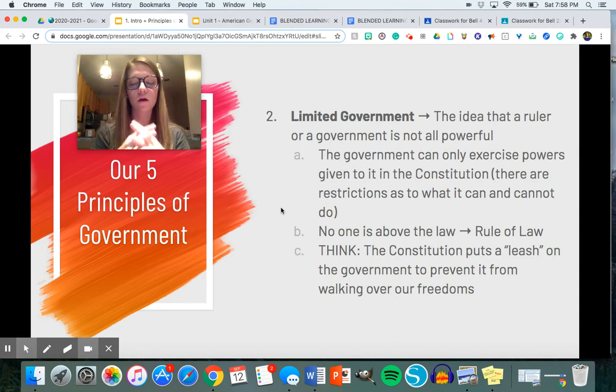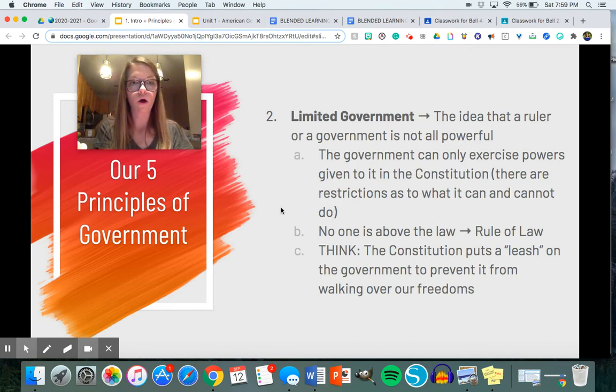So think about limited government, because I know this is a very broad topic, but think about limited government as the Constitution putting a leash on the government to prevent it from walking over our freedoms. And this is usually an analogy that helps my students remember limited government, okay? We, the people, are the sole authority of government, right? We are the ones that give government the power, okay? When you put a leash on a dog, you are in charge of that dog, right?